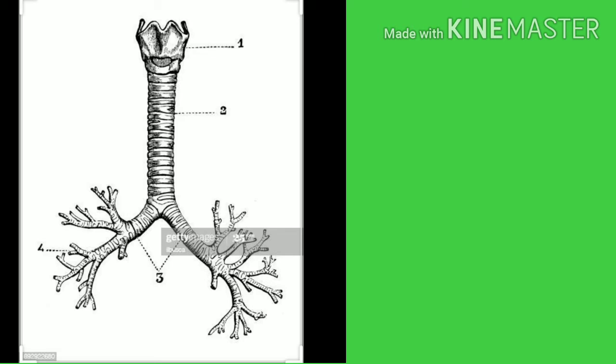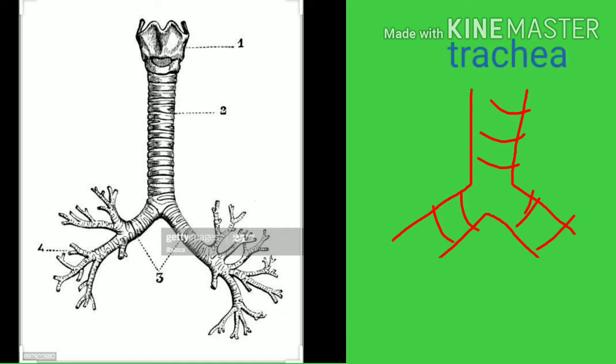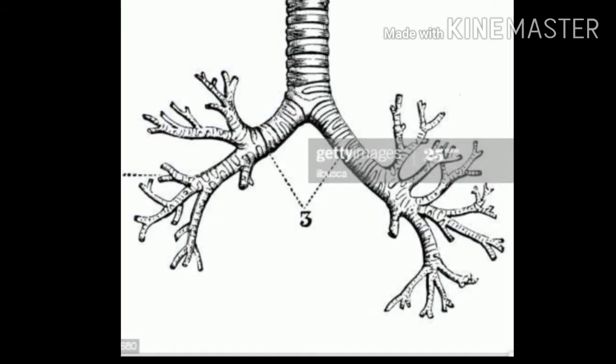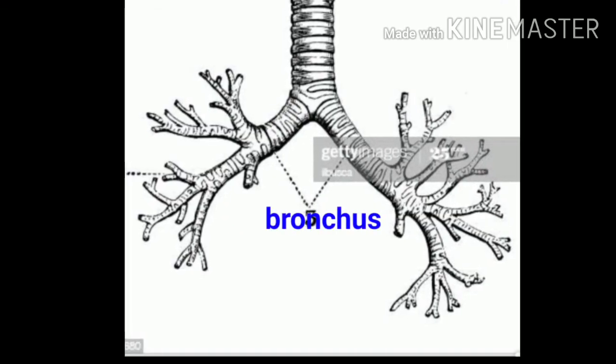Now we'll see the next one, that is the bronchus. As you can see in this picture, we have shown the trachea and the branches of the trachea. Bronchus is basically the branch of the trachea. The trachea further divides into two parts, which are known as bronchi. Then the bronchi further divide into fine, branch-like tubular structures called bronchioles, as you can see in this picture.